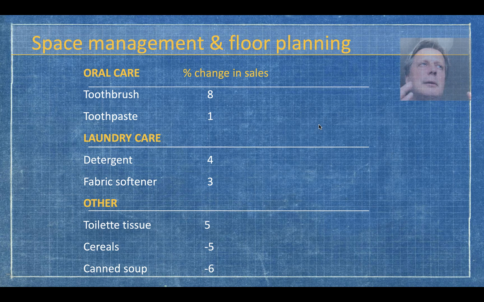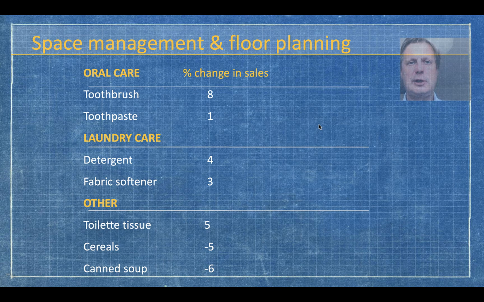When it comes to detergents and softener, they had liquid and powder detergent, and they had softener. And people are more careful when it comes to making sure that they have the right amount of detergent when they wash their clothes. Whether or not they have softener is not as important. Perhaps they just take a little less if they're about to run out. So what they wanted to test was to make sure that people also saw the softener when they were buying new detergents.